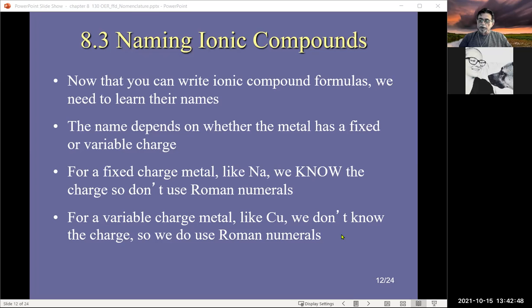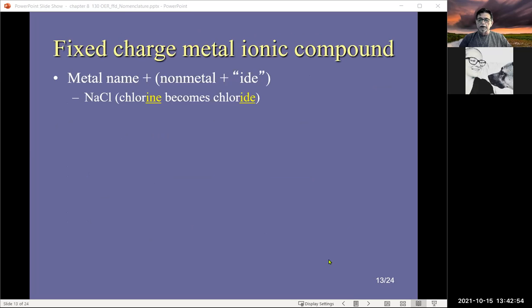We use Roman numerals only for those variable charge metals. Everything else, no Roman numerals, okay? The chlorine, we talked at length about this. All of the elements, the anions get their name changed from INE to IDE. So chlorine becomes chloride in this form, okay?